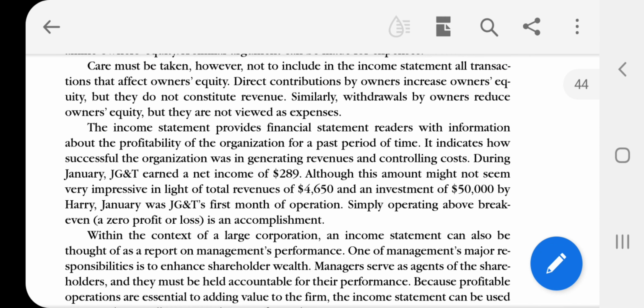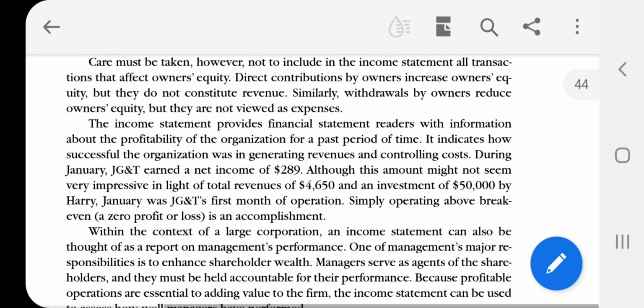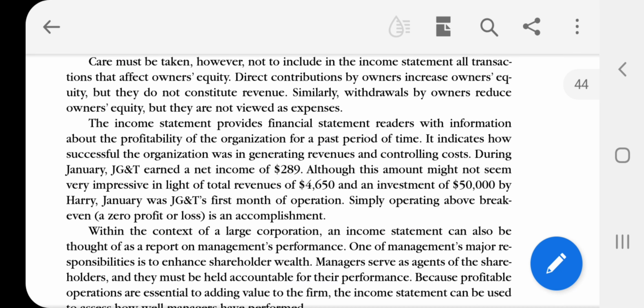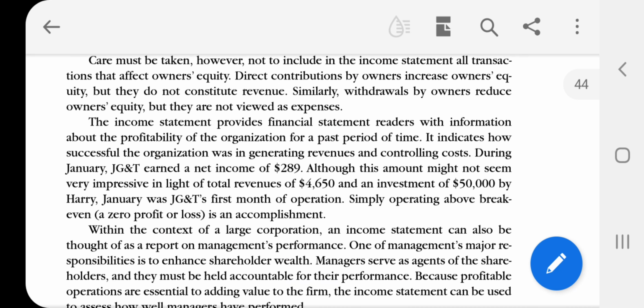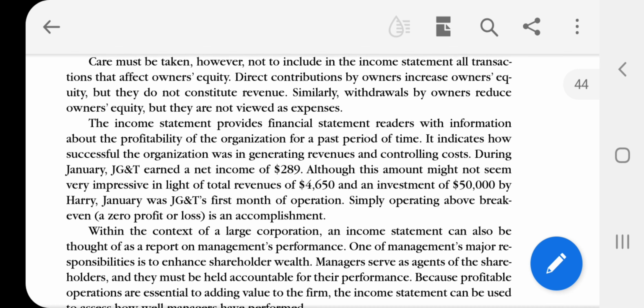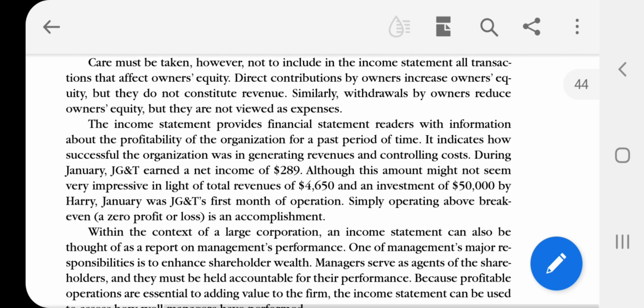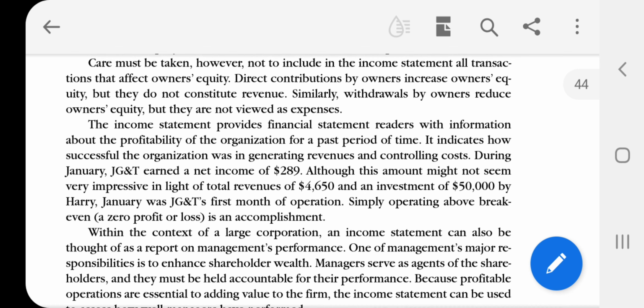Care must be taken, however, not to include in the income statement all transactions that affect owner's equity. Direct contributions by owners increase owner's equity, but they do not constitute revenue. Similarly, withdrawals by owners reduce owner's equity, but they are not viewed as expenses.